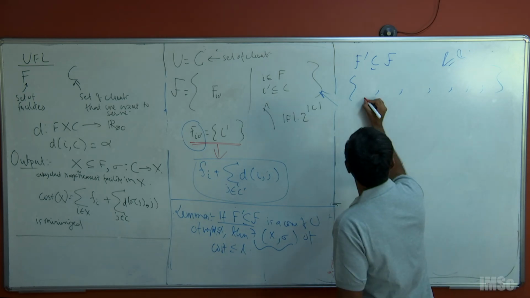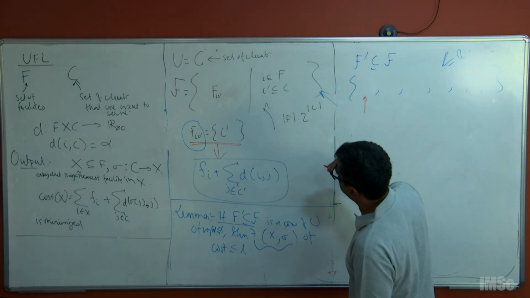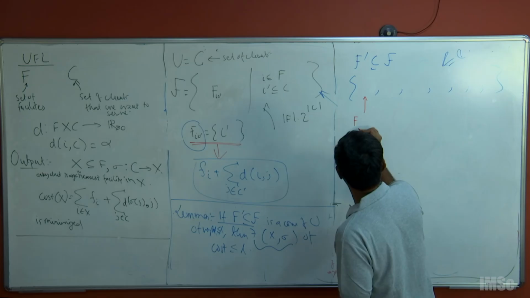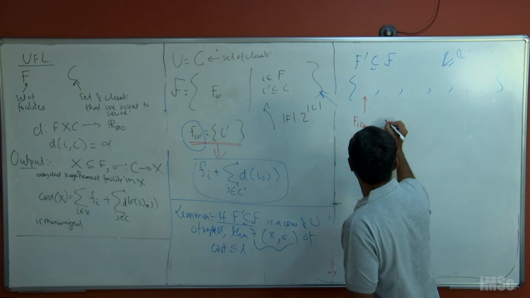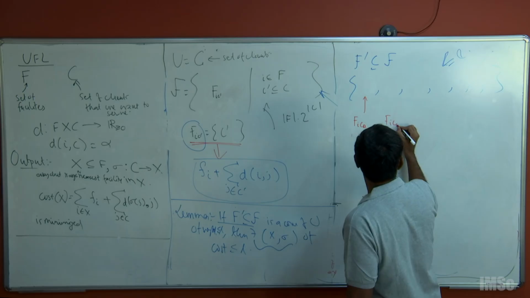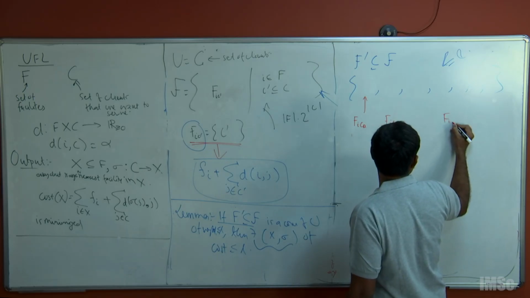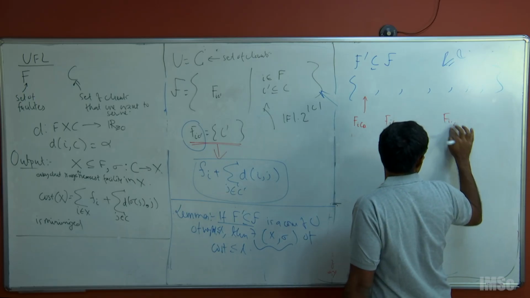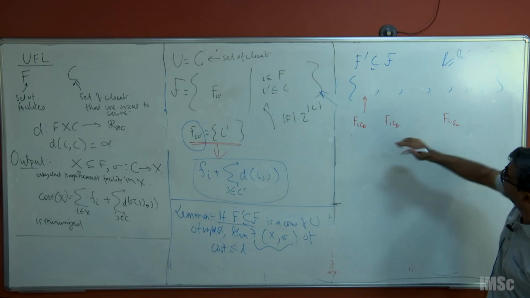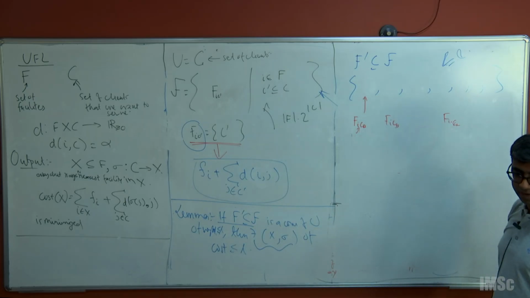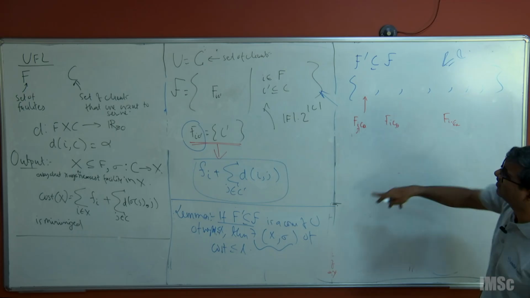So for example, it's possible that I have (f_i, C_A), I have another set (f_i, C_B), and another set (f_i, C_L). I could have several sets corresponding to the same facility f_i, because this is just a set cover instance.